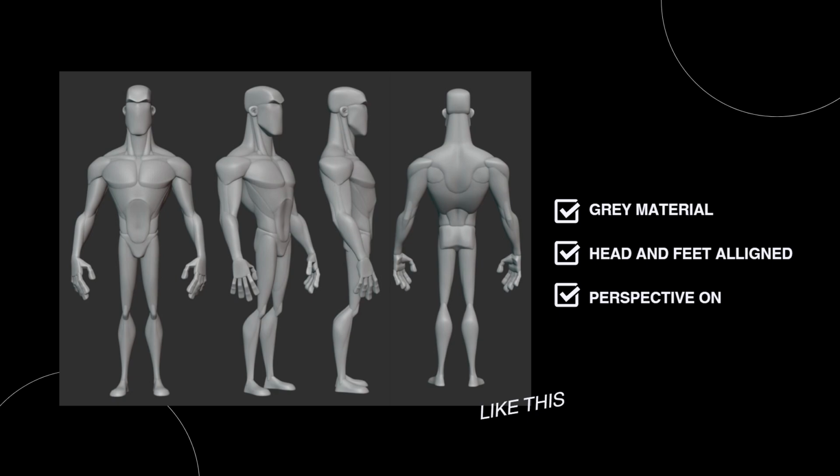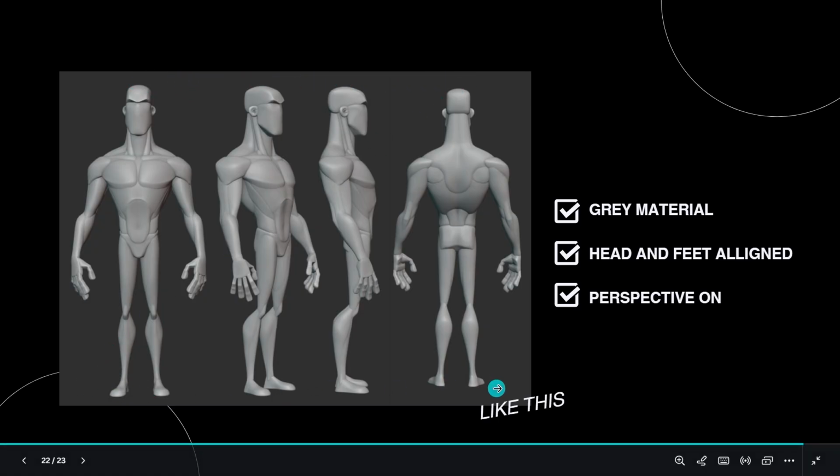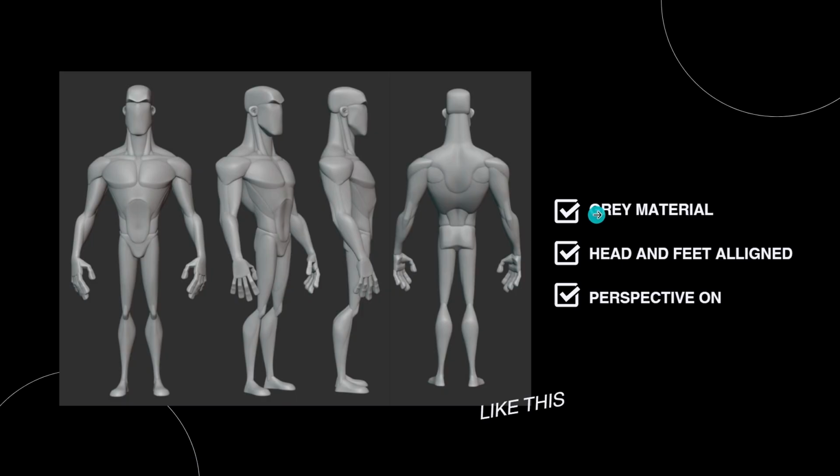So please have a gray material for the screenshots. I will show you in just a bit how to do the gray material in case yours is colored differently. Then what is nice for me to quickly estimate how your object looks is to have the top and the bottom aligned. Here it says head and feet. In this case today we don't have feet or anything like that, so just have it aligned in the same size.